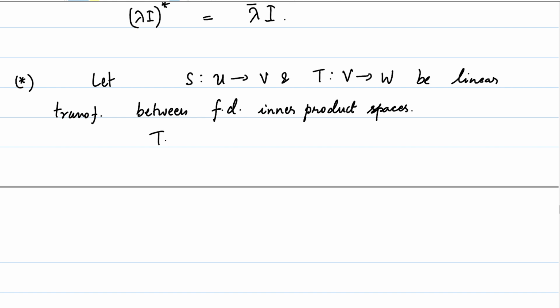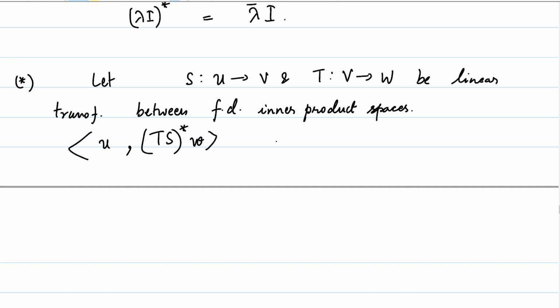So we can talk about TS and the adjoint of that. Again, we're going to do the same trick here. So TS is a map, observe TS is a map from U to W, and TS star will be a map from W to U. So this is just going to be equal to U comma TS star W. This is what we are interested in.